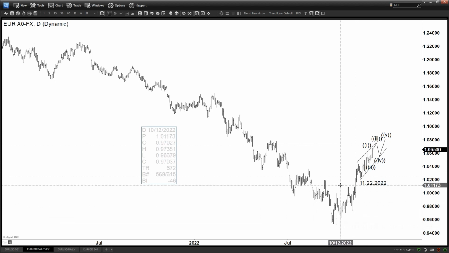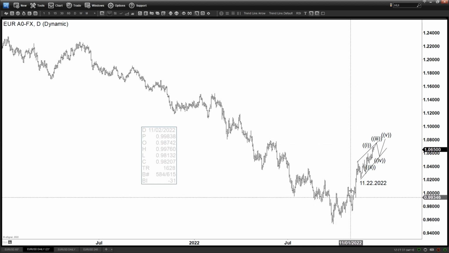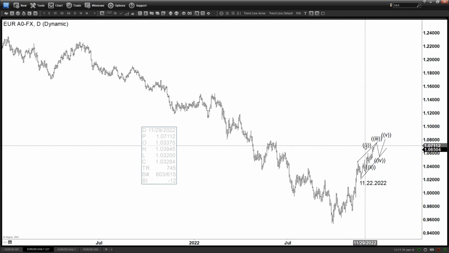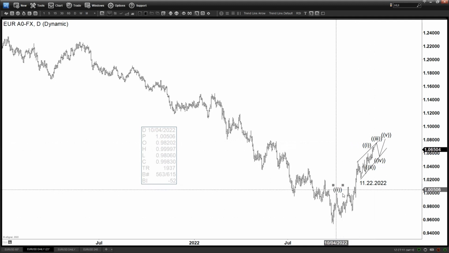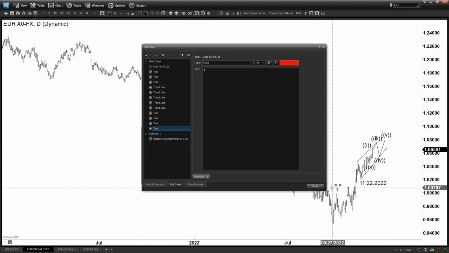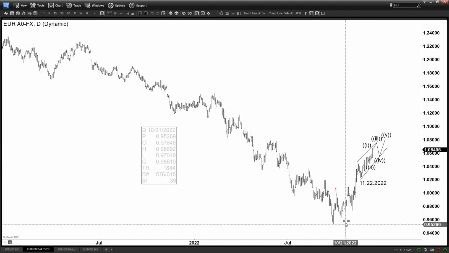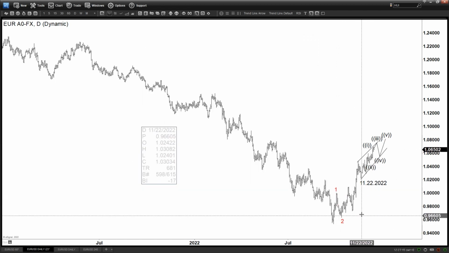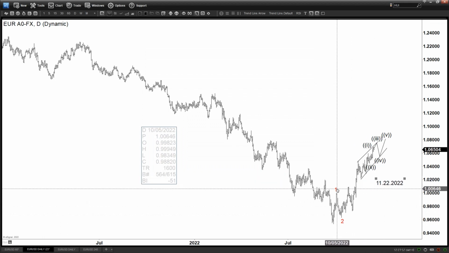So if you label this 1, 2, let's say, that means let's call this your 1, which is in the higher degree, of course. This is your 1, this is your 2. Then your 3 and 4 could be here, right? It could be here technically.